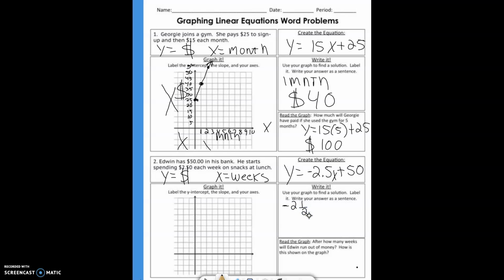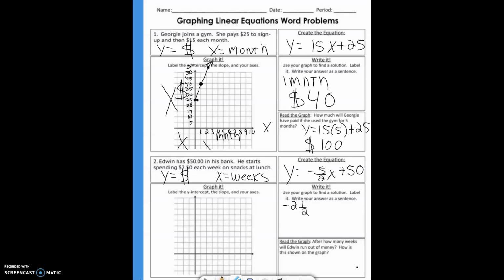So 2.5 is a fraction. 2 times 2 is 4. Wouldn't that be 5/2? So I am going to actually change my slope to a negative 5/2x. Okay, just because I like to go down 5/2.